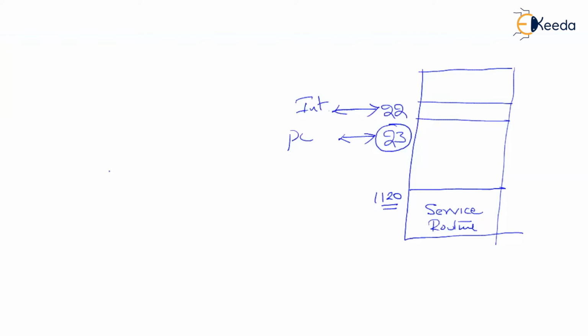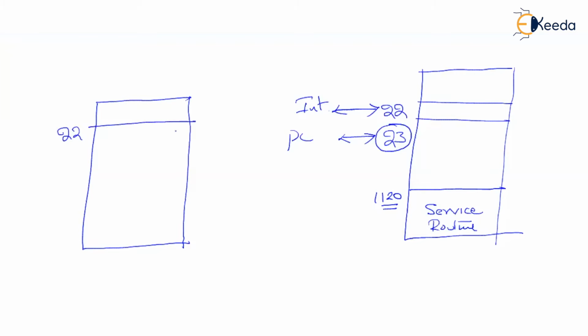Here, let us understand about branch instructions. If you recall, in branch instructions also, we have been doing exactly the same thing. When one instruction is getting executed, if there is a branch instruction, we will be branching to another routine.